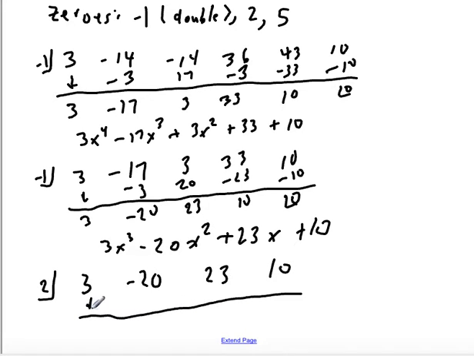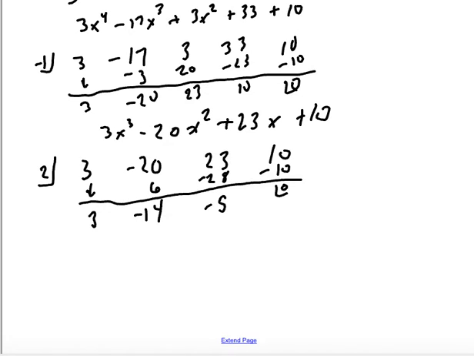Bring down the first number, multiply by what's in the box, add these together, multiply, add. Alright, so now we're down to 3x squared minus 14x minus 5.